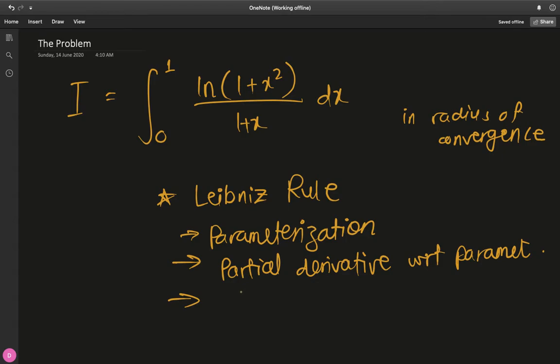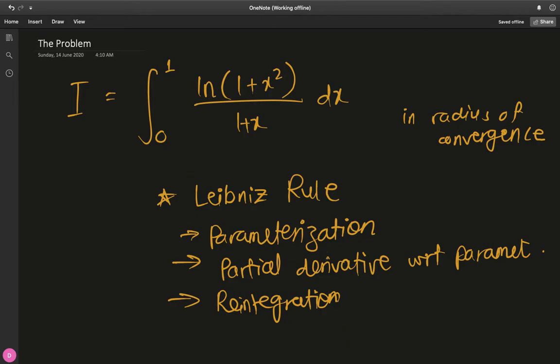But since you want I back again, you reintegrate with respect to the parameter variable from respective upper and lower bounds, such that you revert back to I.